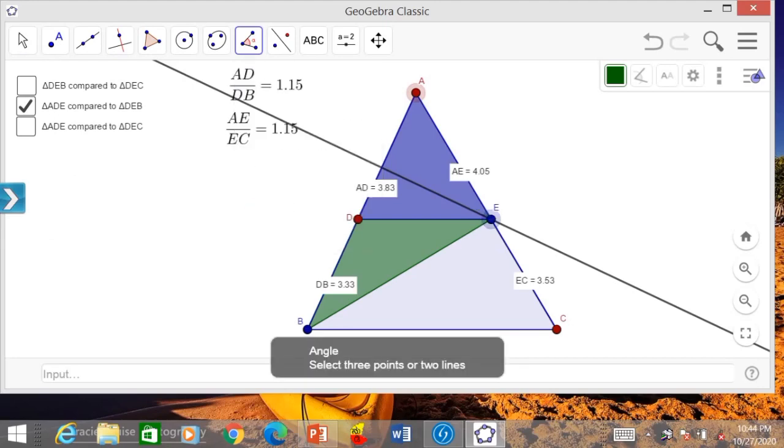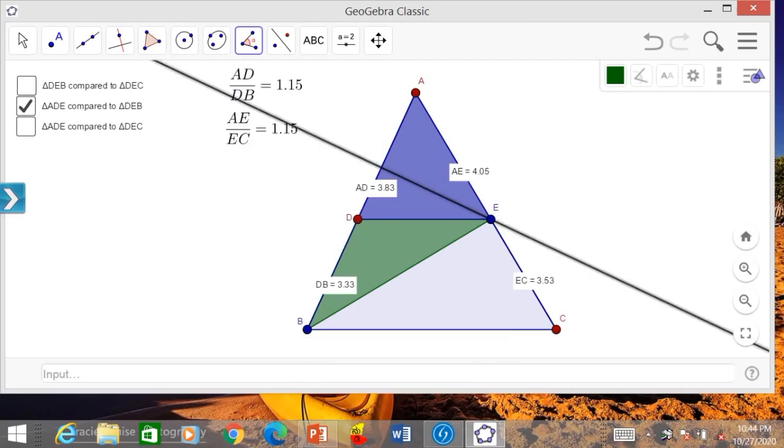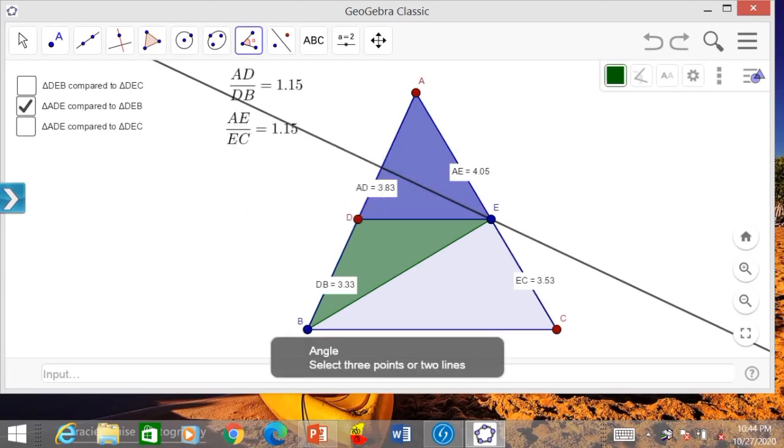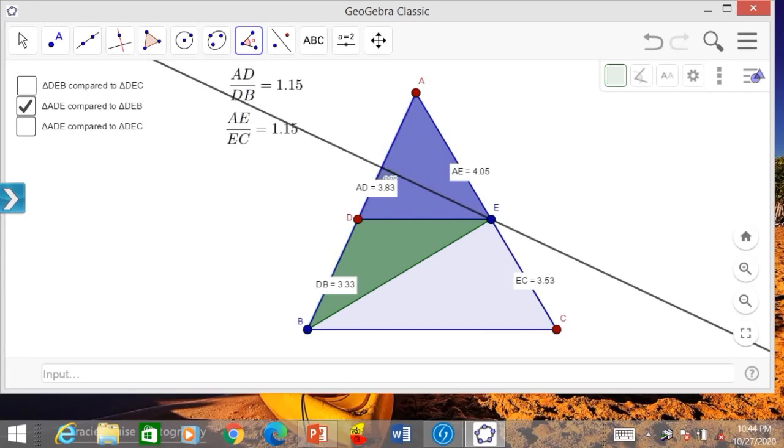If I take EF as the height, EF is the height for triangle DBE also. This line is the height for both the triangles, for triangle ADE and for triangle DBE. EF is the height.